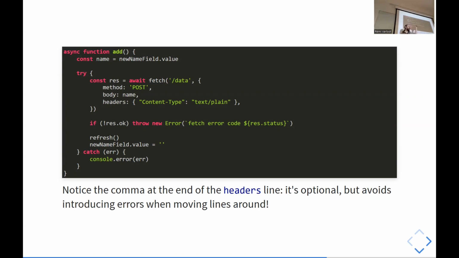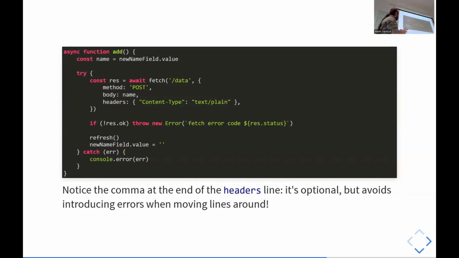That header is important because if you recall in the server, I had a middleware which said if the content type is text/plain, parse it and add it into the request body. This is necessary for the server to know how to parse the content. Same thing with the response, and then I call refresh and I reset the text field.